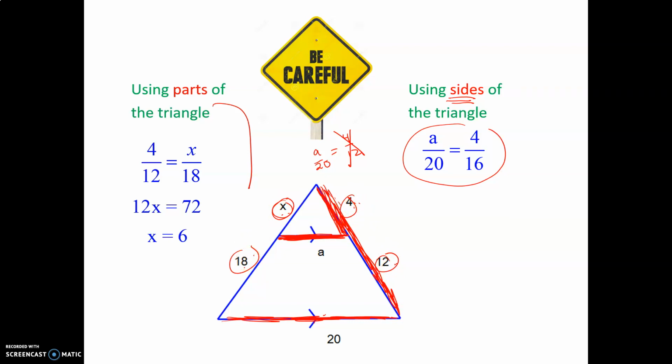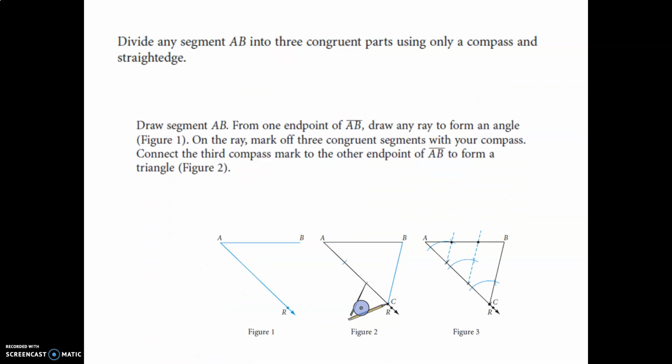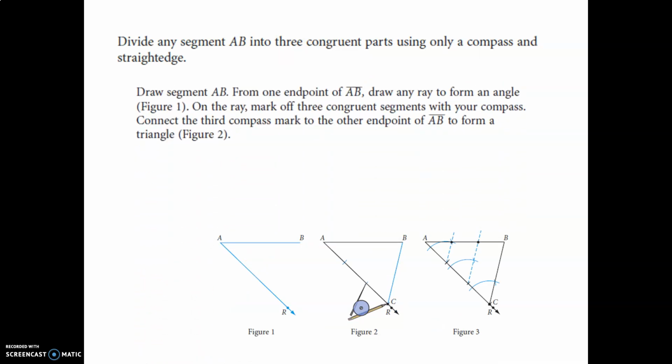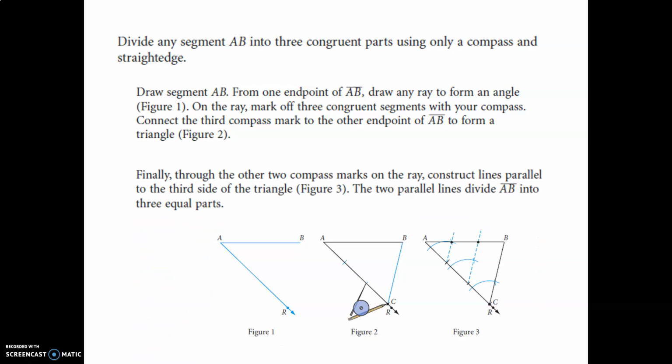Okay, now there is one more thing that I want to do, and that is to talk about a construction. So I've solved it over there. So here is a construction, and what's happening here is they take this segment AB and they want to break it into 3 pieces.